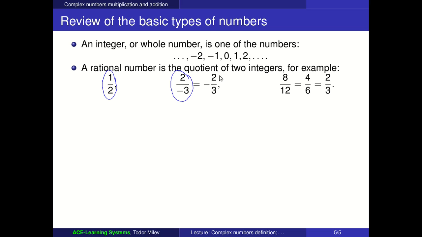So 2 divided by negative 3 has got to be identified with negative 2/3. So when I say that a rational number is the quotient of two integers, I mean, sure, a quotient of two integers, but we remember in our heads that two different pairs of integers may yield the same quotient.